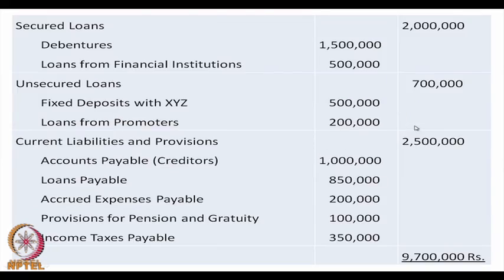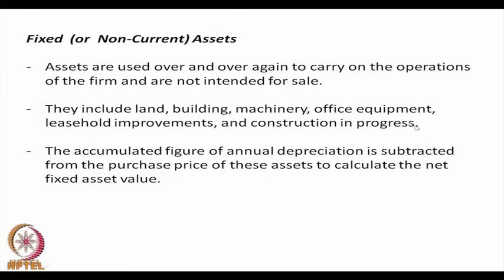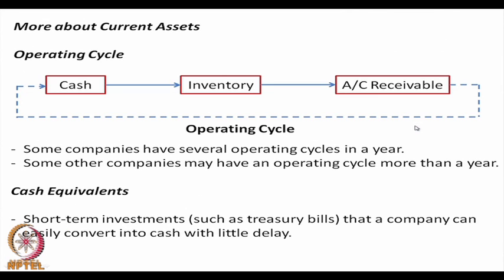And if you look at this figure that I had given, cash is the most liquid form of current asset, inventory is the least liquid, accounts receivable is more liquid. We take the sum of cash, inventory, accounts receivable and prepaid expense as our current asset. So, we are assuming that they are convertible to cash in this year. This is the meaning of current asset.